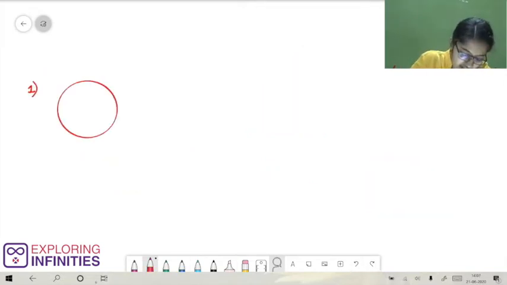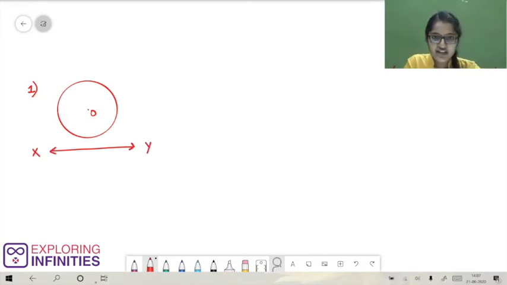Case 1. Let us consider a circle having center O and a line XY. From this figure, we can see that the line XY is not intersecting or touching the circle having center O at any point. That means the circle and the line have no common points.